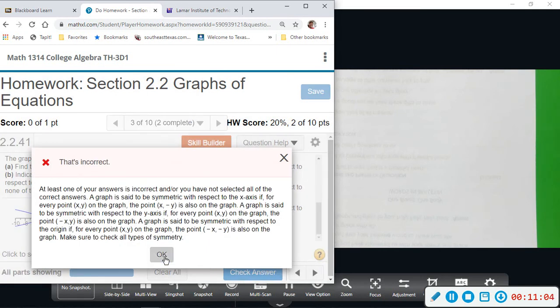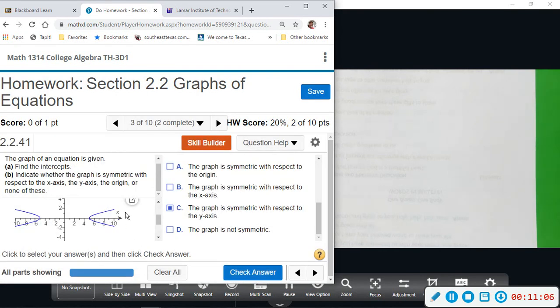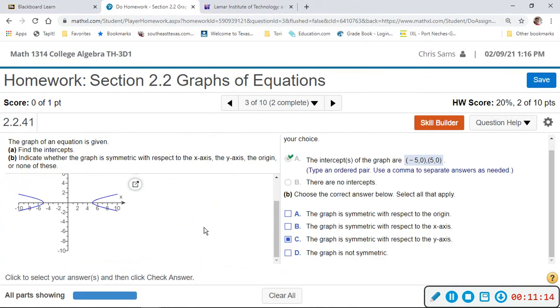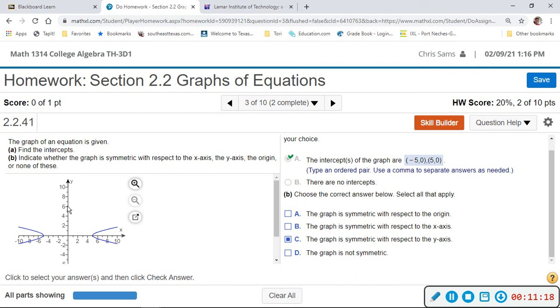Okay, so it said that's not correct. Symmetric to the y-axis. Am I missing a part of this graph? Make it bigger. That's what it looks like if you flip it directly across. Choose all that apply. Oh, it also has x-axis as well.